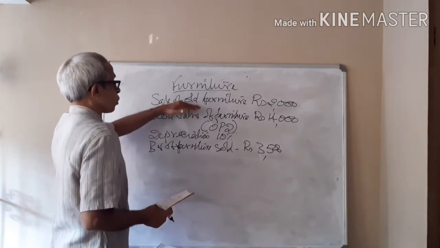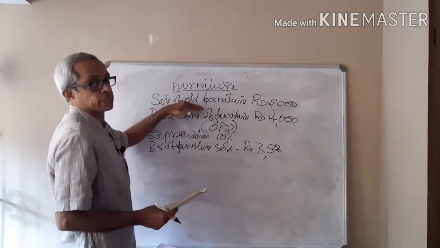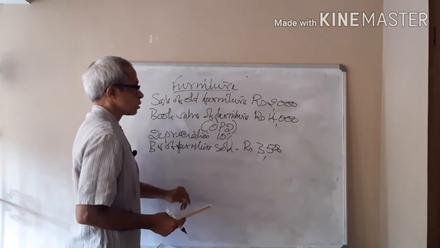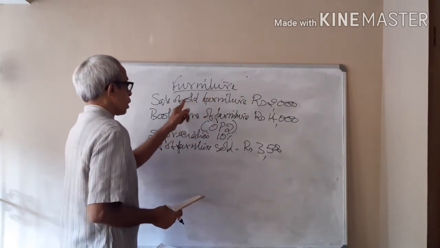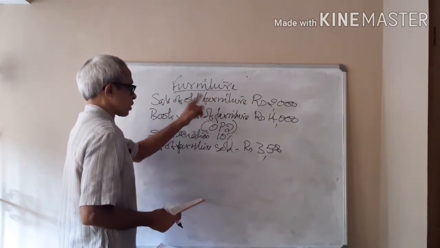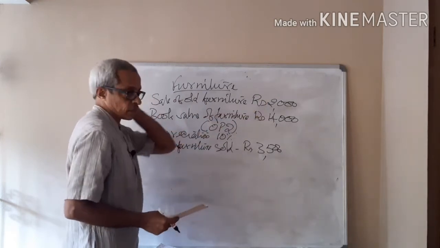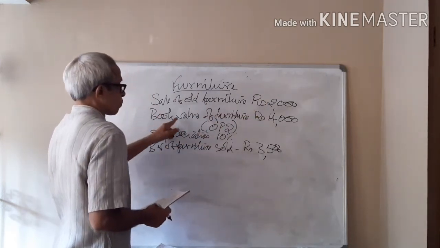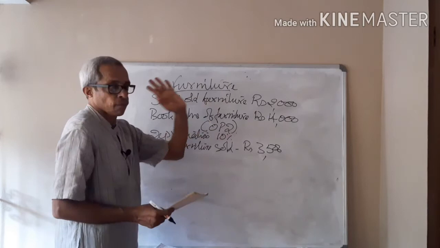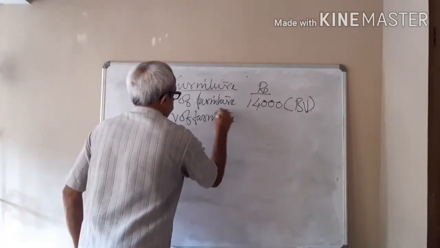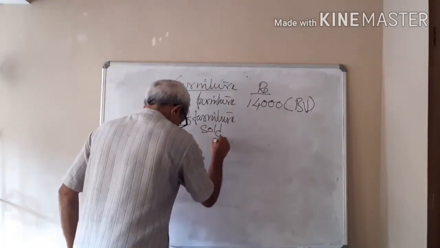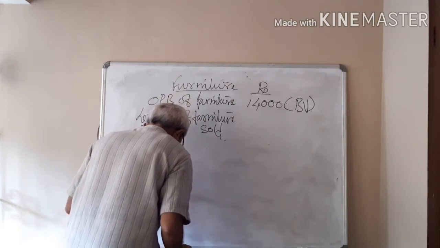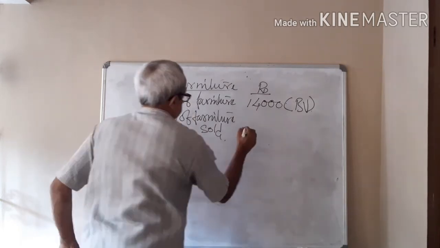The amount realized from the sale of old furniture is 2000. The book value of furniture sold is 3,500, and the book value of furniture on the opening date is 14,000. That book value of furniture sold is rupees 3,500.